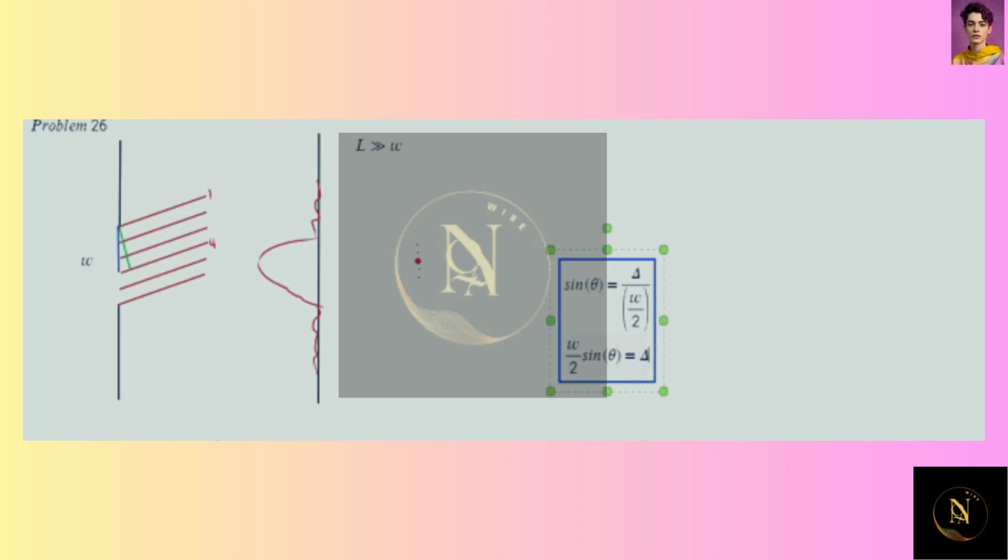We're interested here in the destructive interference caused on the screen, this first order destructive interference. For destructive interference, the path length difference must be equal to an odd integer multiple of half wavelength.